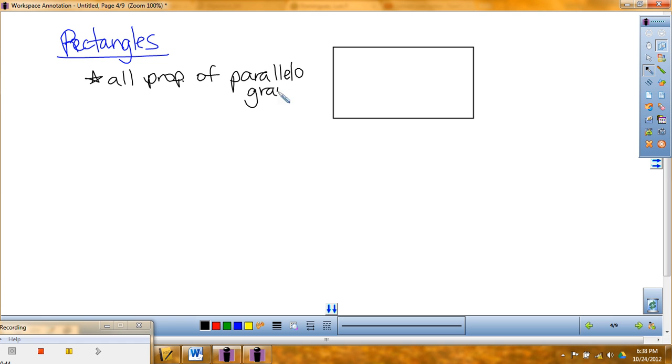In addition to that, we get the properties that we already discussed today: all angles are right angles. So there's our tick mark.